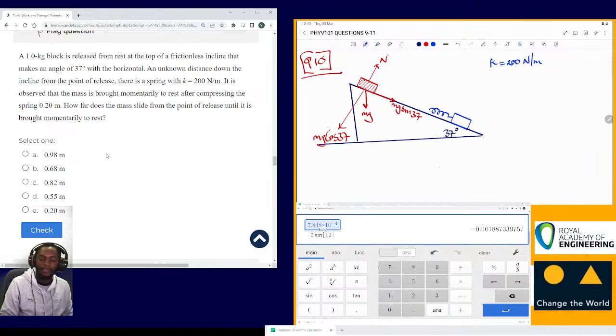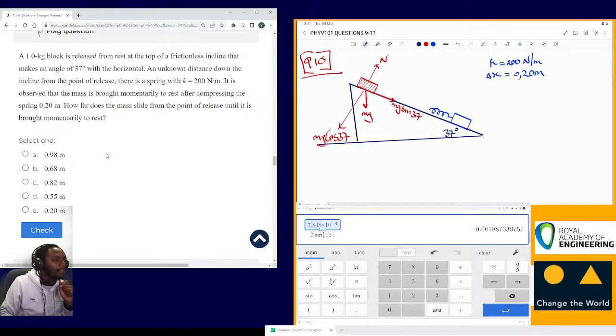The compression delta x is going to be equal to 0.20 meter. In a known distance from the incline point of release, there is a spring.